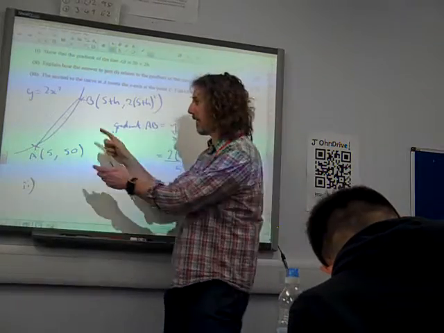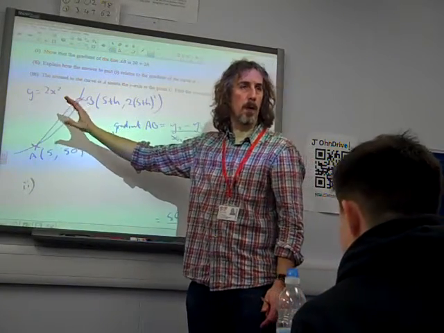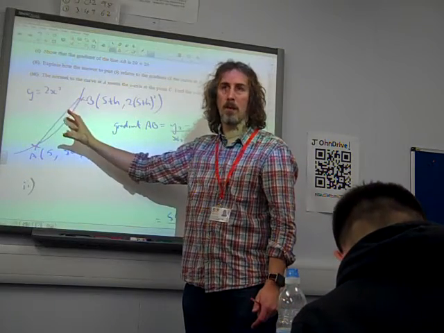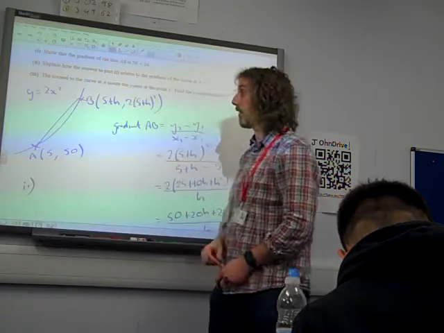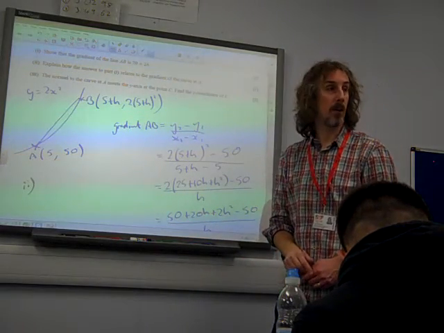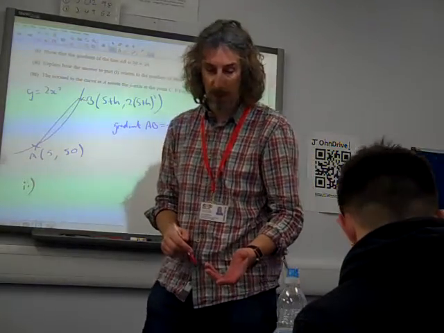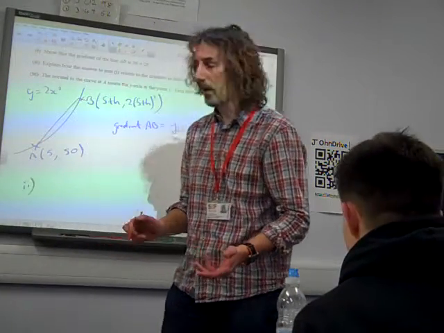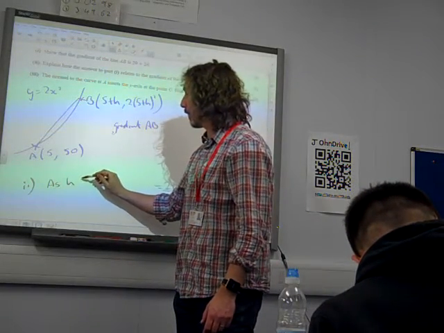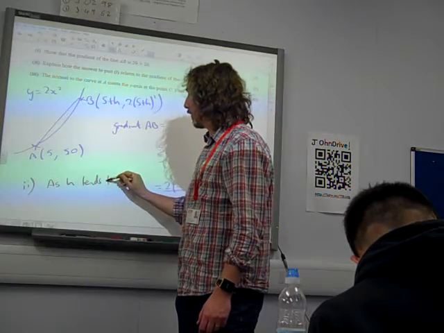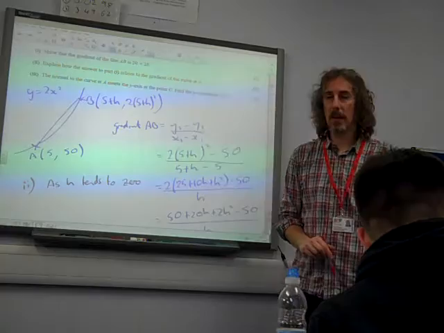It says that as these 2 points get close together, the value of the gradient of that chord would converge on the value of the gradient of the tangent. The limit, as h approaches 0, the gradient of the chord is the gradient of the tangent. So we need to express that in some way. They were looking for something along the lines of, as h tends to 0, then think about what that means.